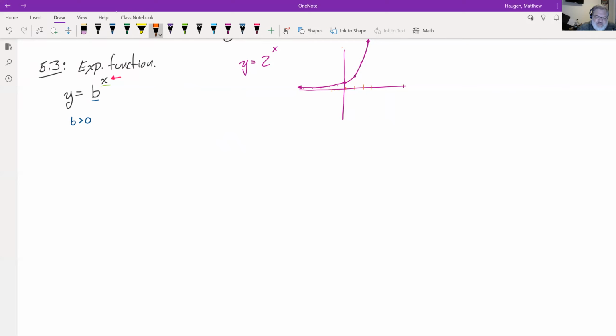But why can't b equal 0? Because it has to be greater than 0 here. Well, let's imagine if b was 0. 0 to the x. What is 0 to the first power? I'm going to answer for you. It's 0. What's 0 squared? 0.